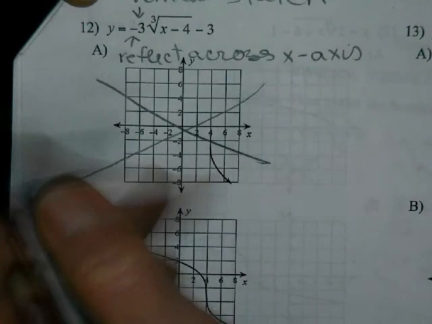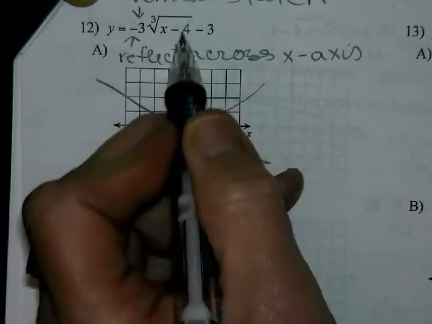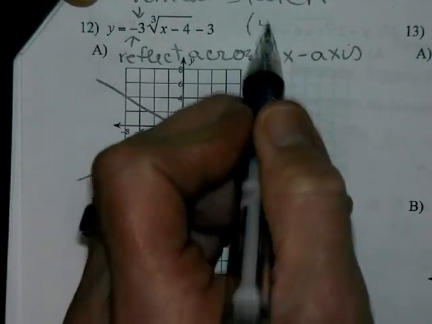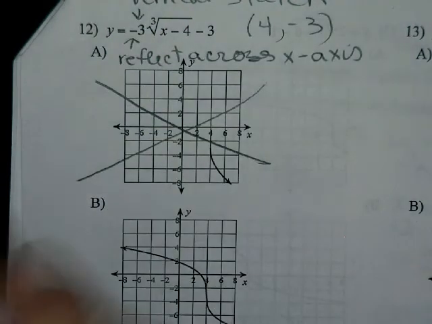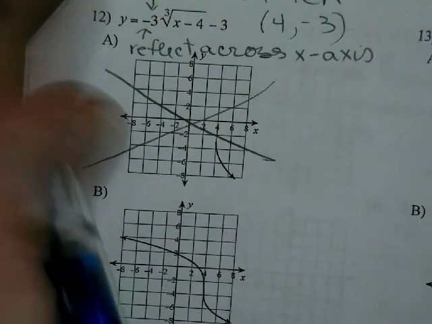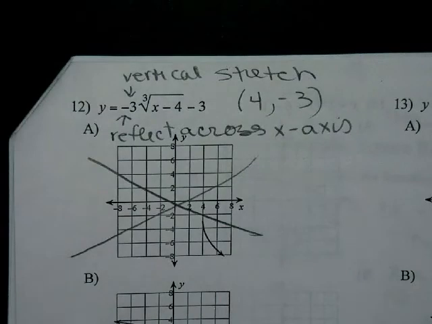The 3 makes it vertically stretch. Just like all the other graphs, here we dig out the h is a 4 and the k is a -3.